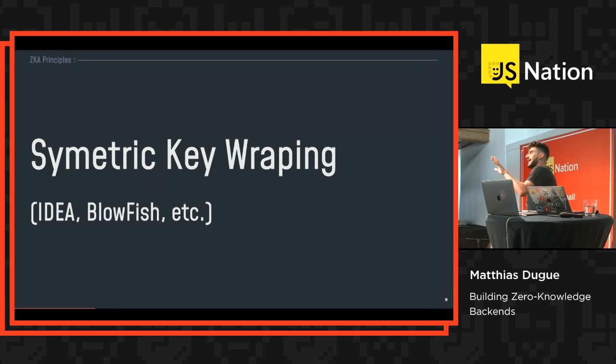But the problem is, asymmetric encryption is really slow, and we need to make it faster. So we will rely on symmetric ciphers, and we will encrypt the data with a symmetric key, which is the same key that we will use to decrypt it. And the only part we will encrypt using an asymmetric cipher is the key itself.